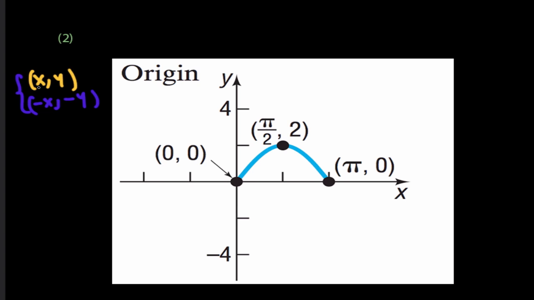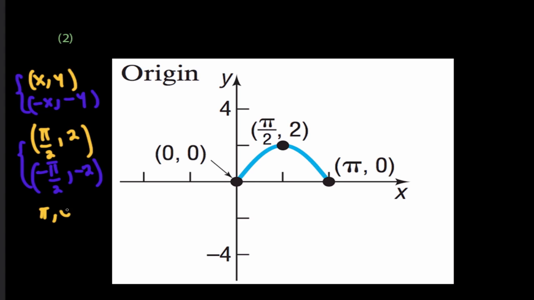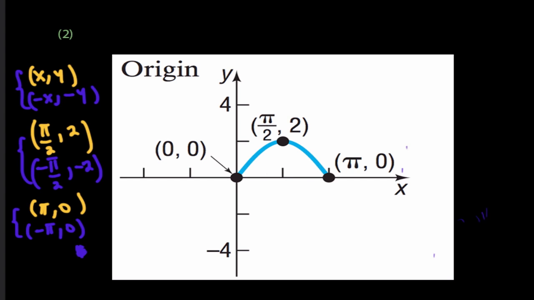So for each of the coordinates, it must also contain the negation of each of the coordinates. For example, we have (pi over 2, 2) on the graph. According to this definition, it must contain (negative pi over 2, negative 2). Similarly, since we have (pi, 0), it must also contain (negative pi, 0). That's what it means.